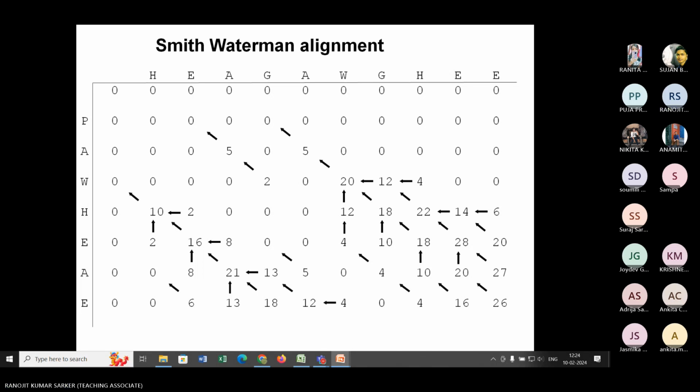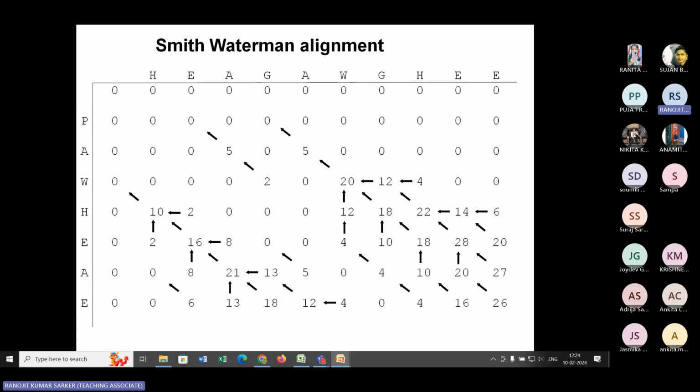Are you getting it? Yes, sir. Okay, so I will ask you to actually calculate the scoreboard of Smith-Waterman also, and please show it to me in the next session like NW. So these two scoreboards, please get them signed by me.